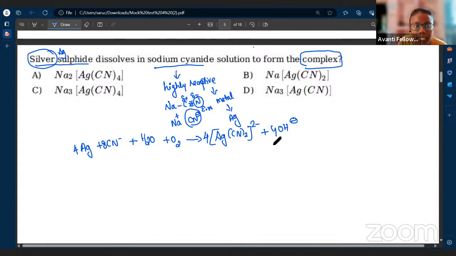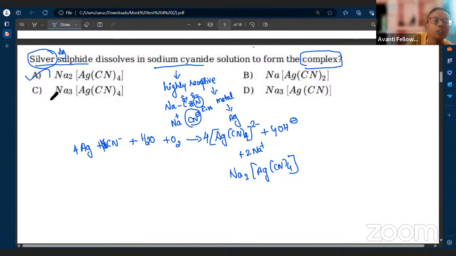Which option is going to be right? When you take this, it should be 16 CN-. Therefore [Ag(CN)4]- will react with 2 times Na+ to form Na2[Ag(CN)4]. So option A is going to be the right one.